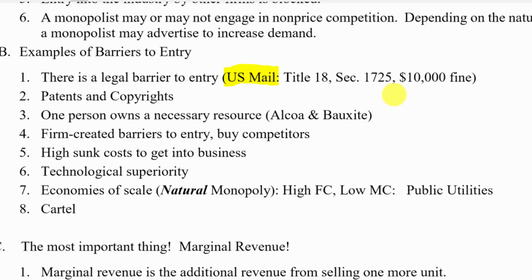If anybody else puts anything in a mailbox and it doesn't have the correct postage on it, then if you're a business, you could have a $10,000 fine for every item you put in somebody's mailbox. Now, if you're just an individual person, the fine is capped at $5,000, but that's high enough, I think, for me.